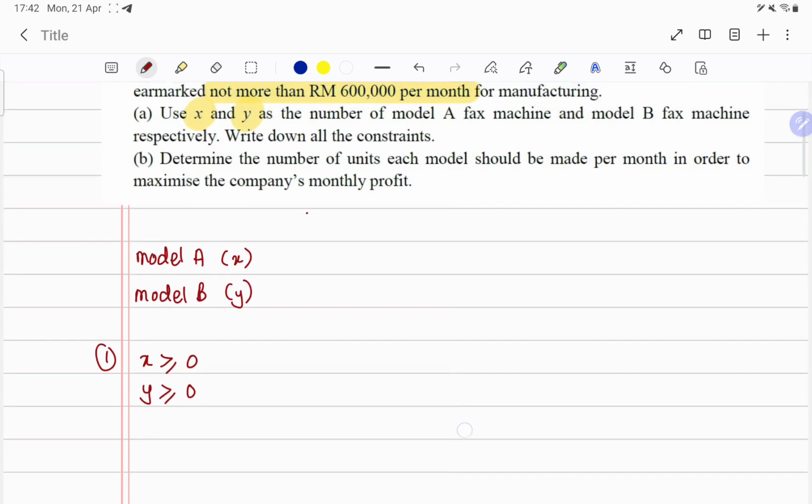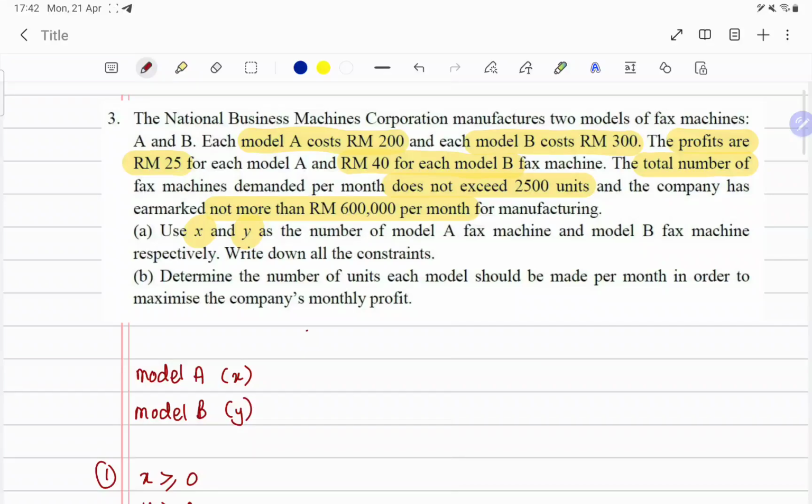And then the next one, the information that we have is they told us that the total number of machines does not exceed 2,500, which is total number means model A plus model B, it does not exceed 2,500. What does it mean?